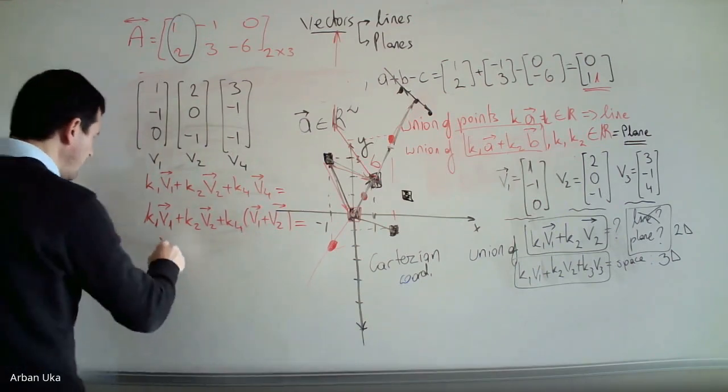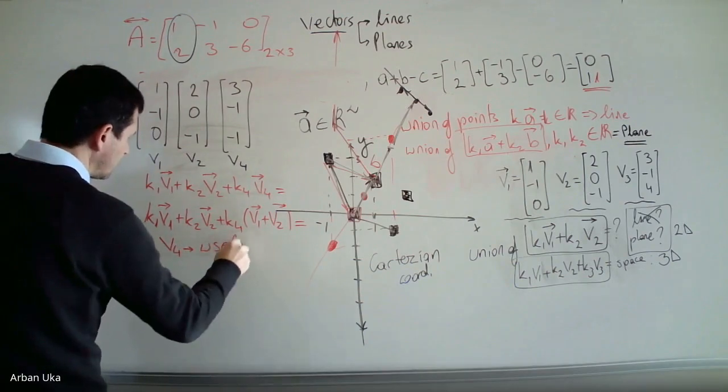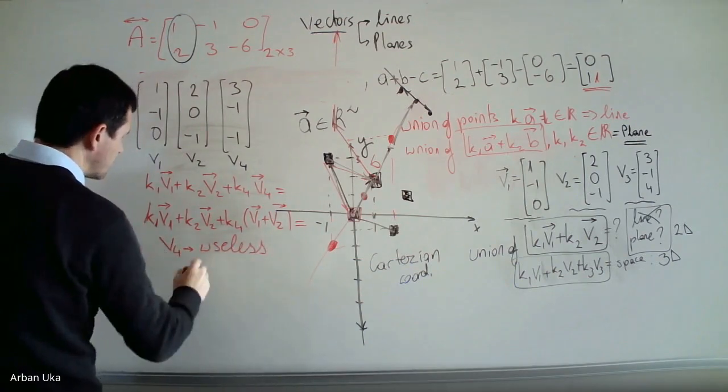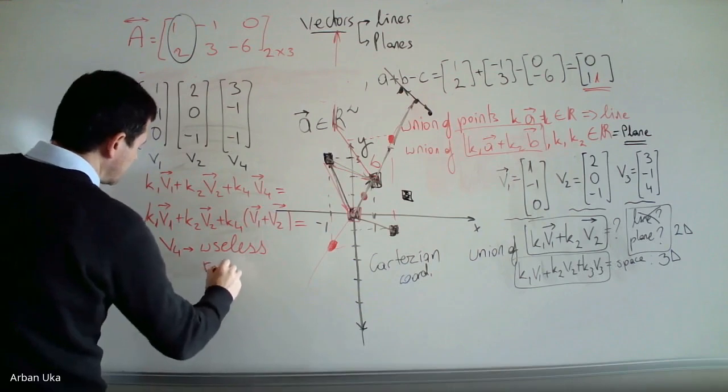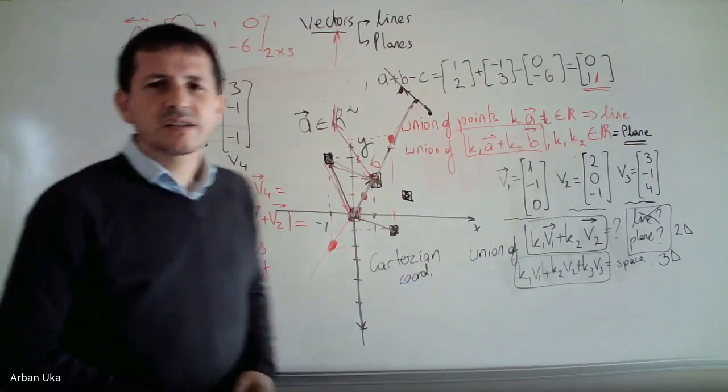So V4 we can call useless, or redundant. It is telling us nothing new.